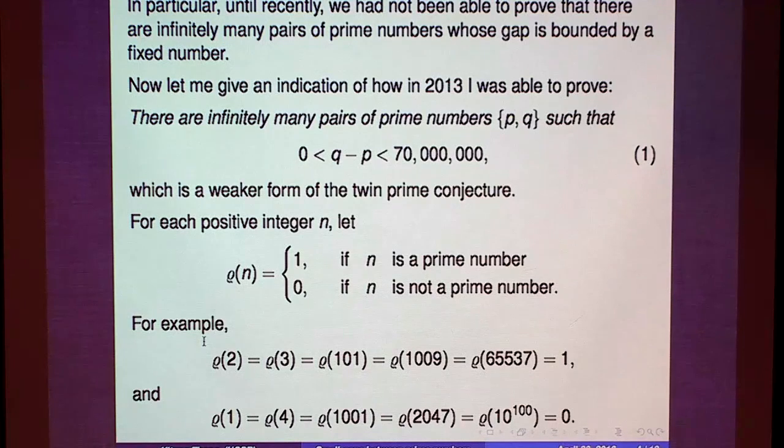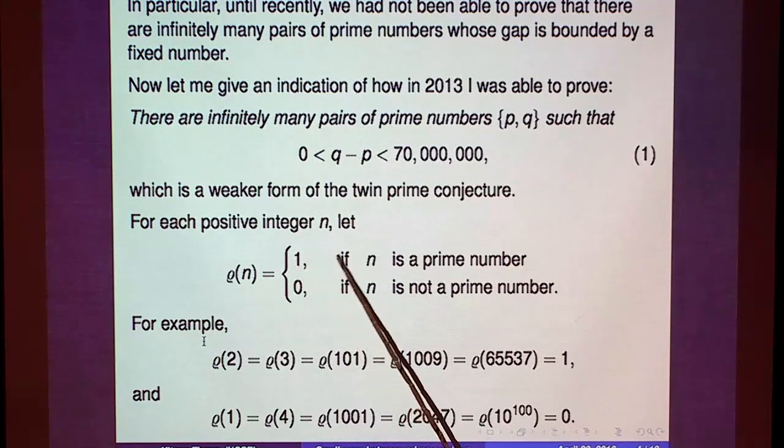So now we try to make a formulation of the problem. How can we approach the twin primes or the prime pairs, the bounded gaps between prime pairs? We try to introduce a function first. For each positive integer n, we say rho of n is such a function that takes exactly two values.